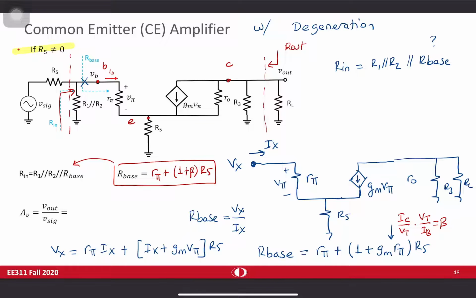So now R base is known. We found R base. I'm going to show you something different in here.